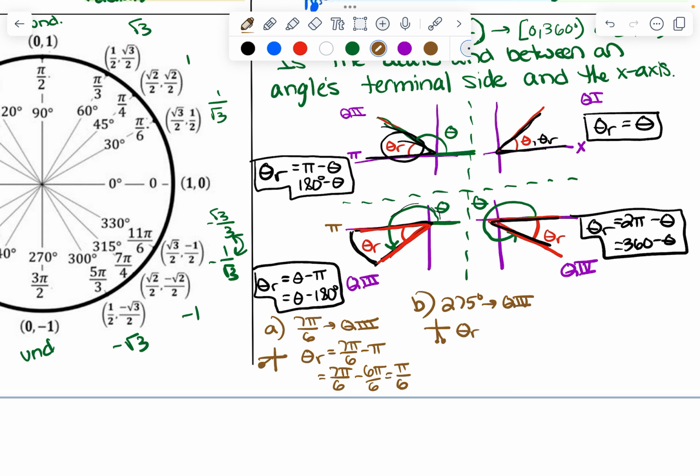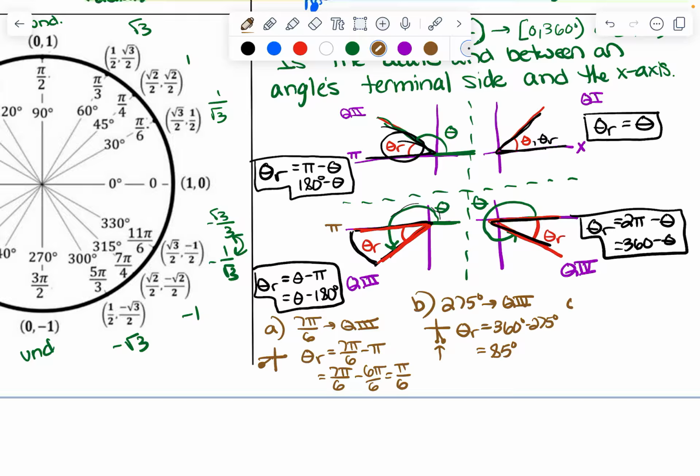So our reference angle, if I'm in quadrant 4, we're going to do 360 minus 275, which is going to give us 85 degrees. Yeah, so we are 5 degrees past that 270, which means our acute angle is just going to be 85 degrees.